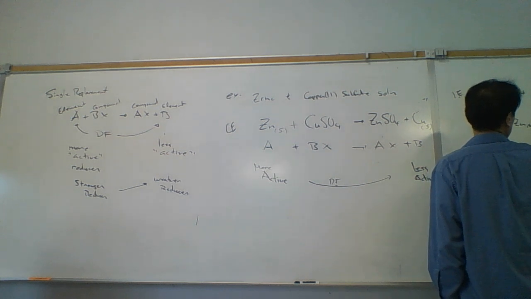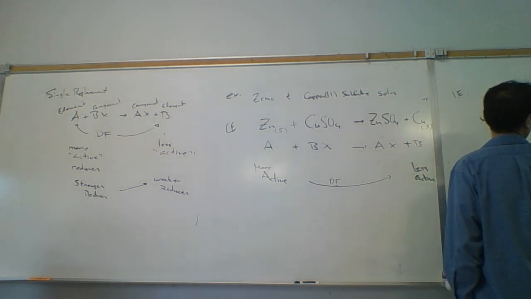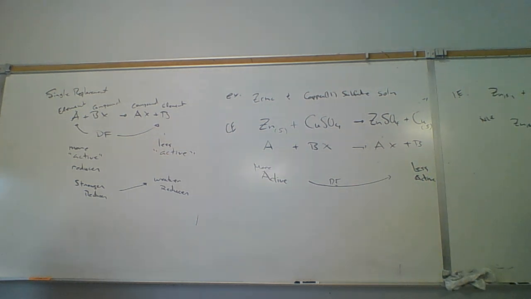So it's going to go zinc solid plus copper 2 plus goes to zinc 2 plus plus copper. Now take a look at what happened. What happened to zinc? Did zinc lose electrons or did zinc gain electrons? Zinc lost electrons. If something loses electrons, are they the oxidizer or are they the reducer?